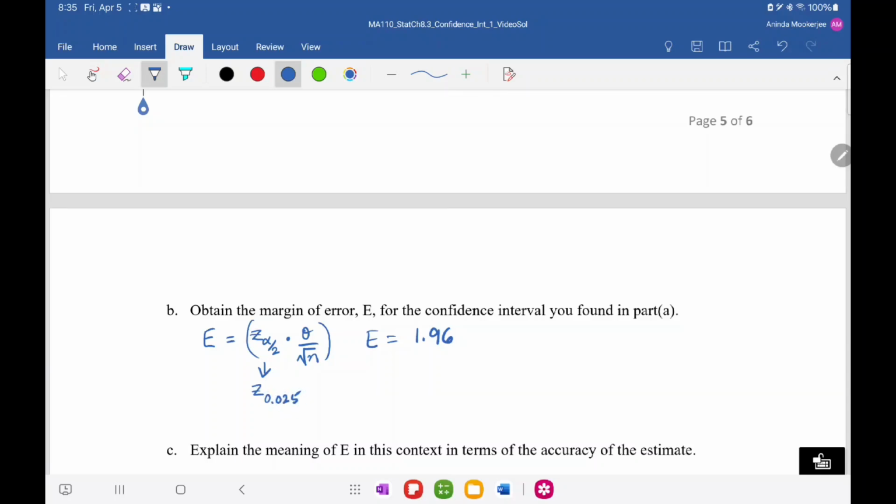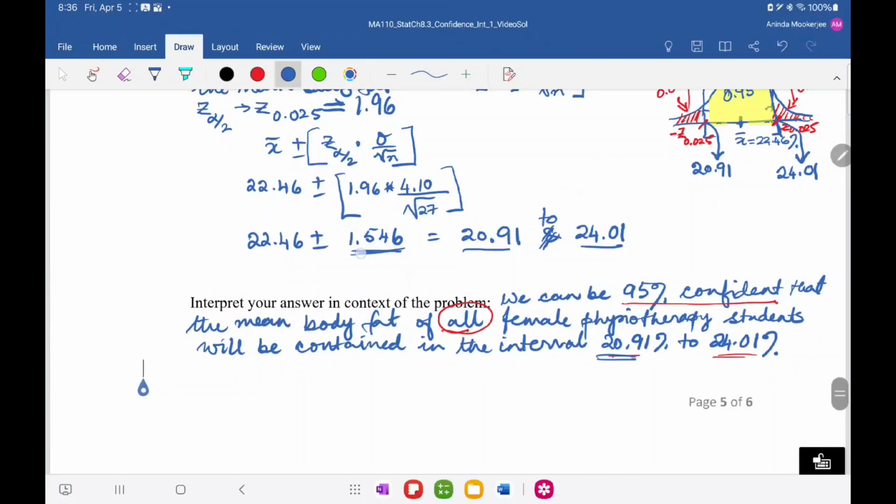And sigma is 4.10, divided by square root of n, which is square root of 27, and that evaluates to 1.546. So you can round it to the second decimal place and write E equals 1.55%. This answer should match whatever you found for the margin of error in the calculation above.